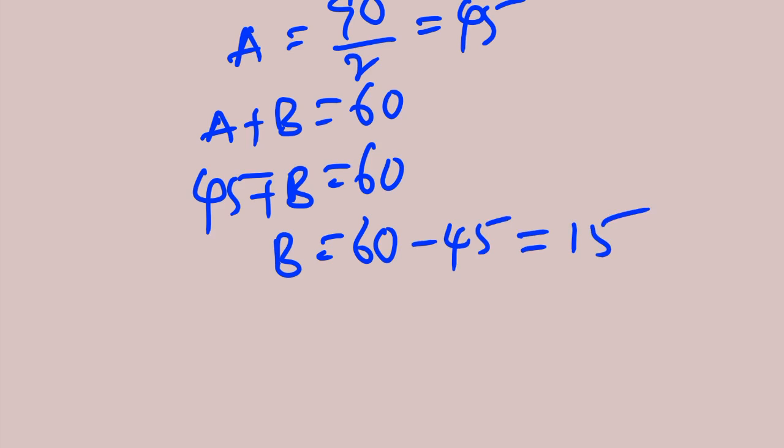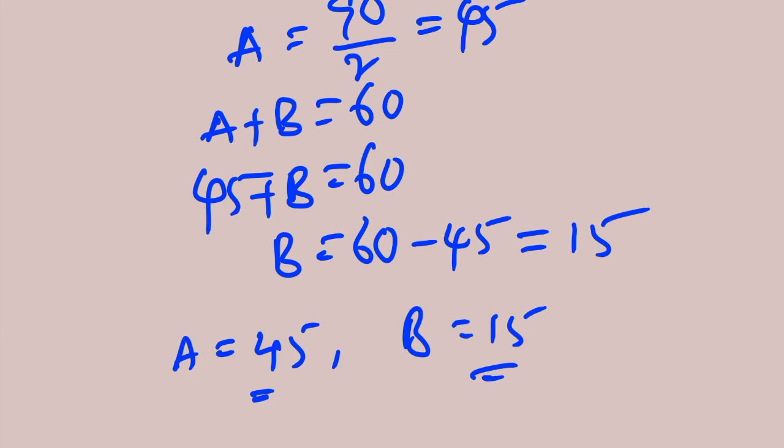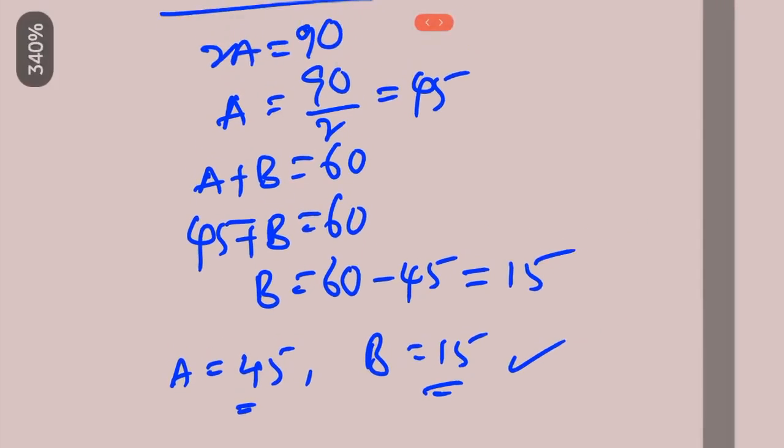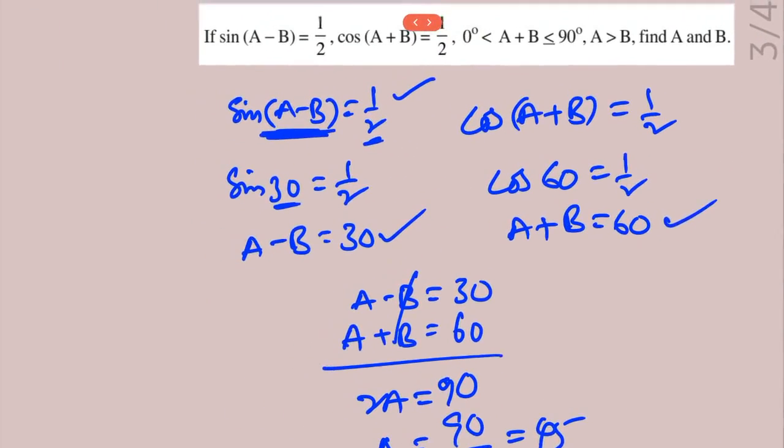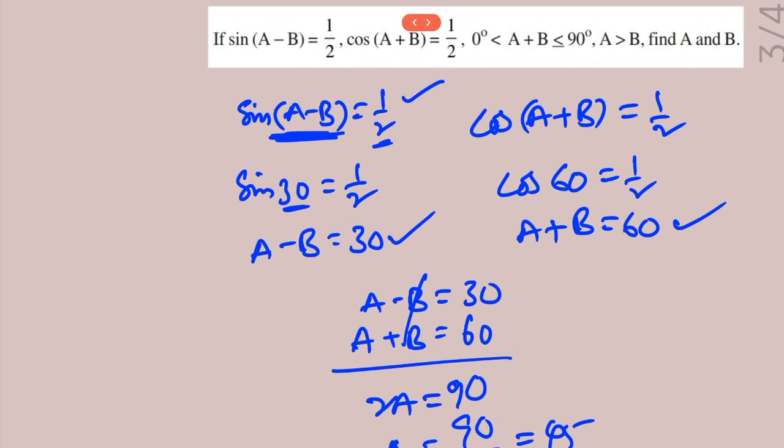So 60 minus 45 is 15. So finally a value is 45 and b value is 15. So these are the values we got. But here we used the specific ratios table. By using the table only we can solve these kinds of problems.